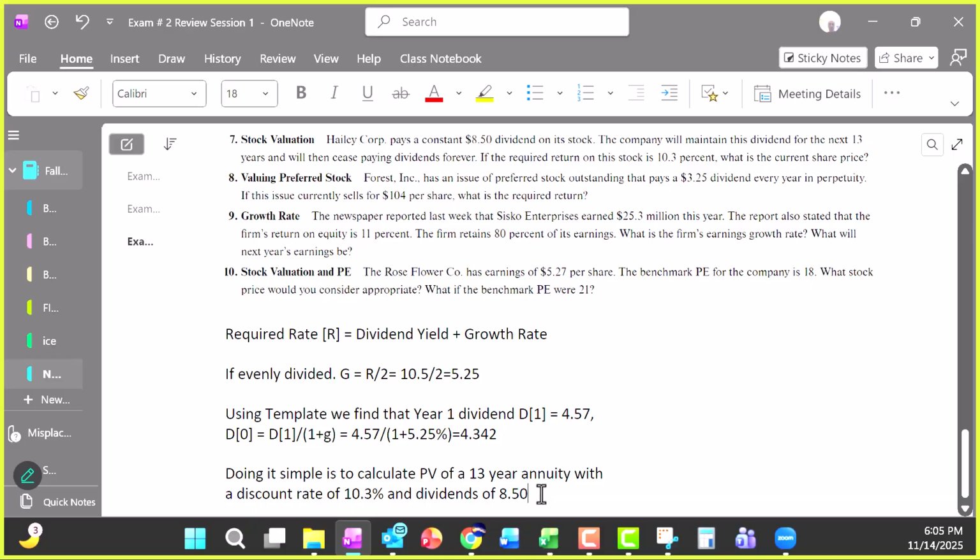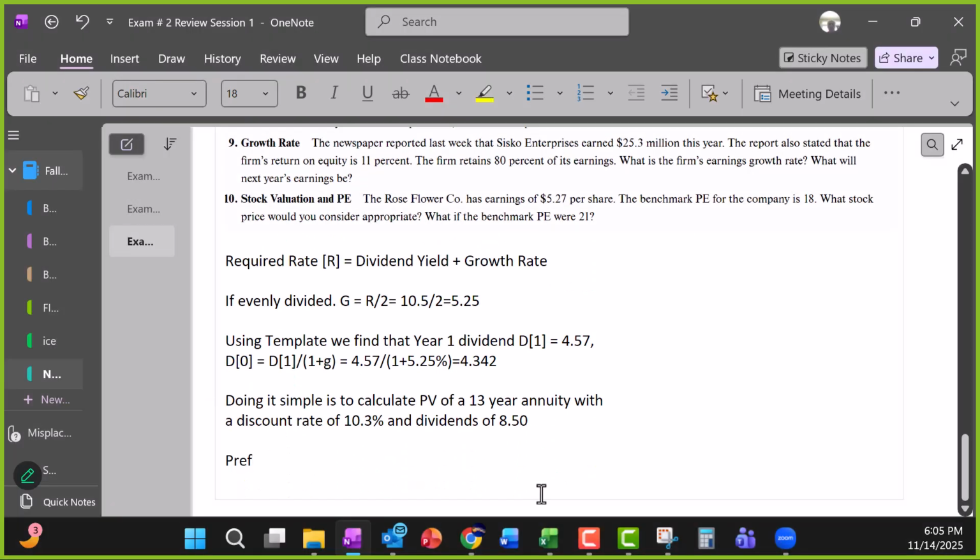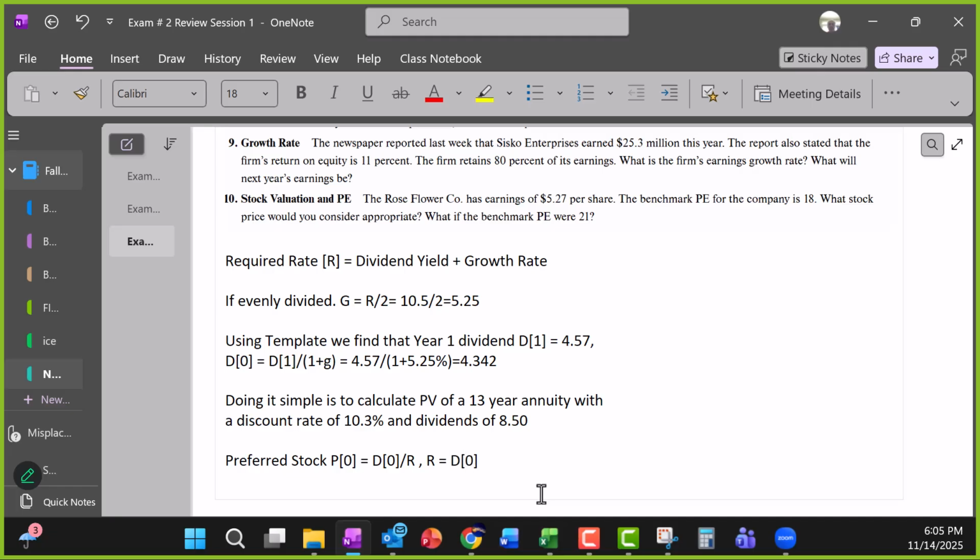We don't need the template for this because for preferred stock, price now is equal to dividend now divided by discount rate, or discount rate is dividend now divided by price now.